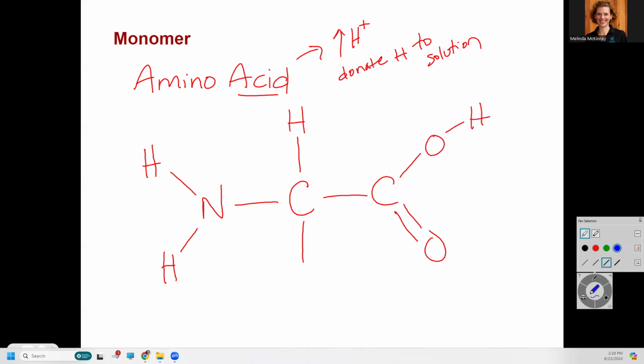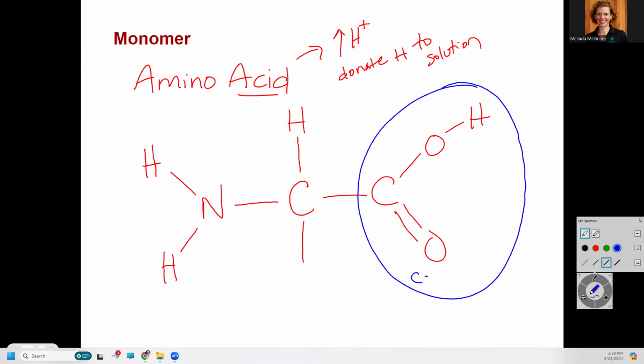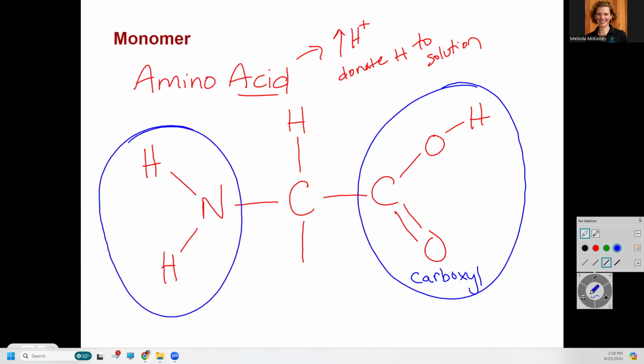So this here on the right is carboxyl. This is a functional group that we learned in a previous chapter. Over here on the left is another functional group. This is amino.